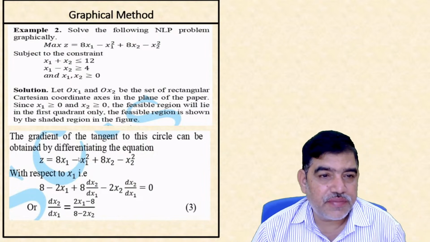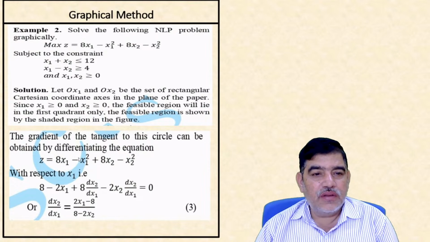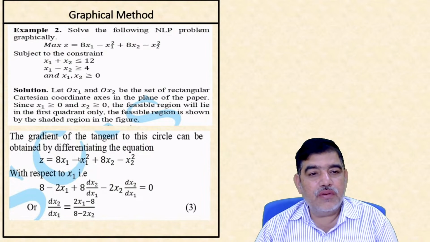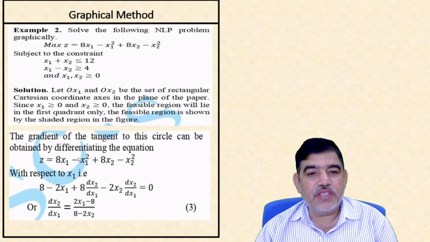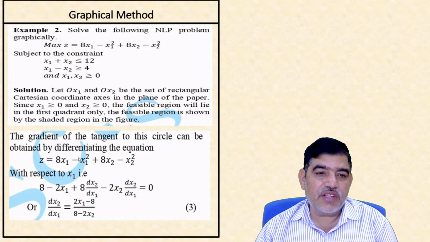Then the solution. Let OX1 and OX2 be the set of rectangular Cartesian coordinate axes in the plane of the paper. Since x1 greater than or equal to 0 and x2 greater than or equal to 0, the feasible region will lie in the first quadrant only.